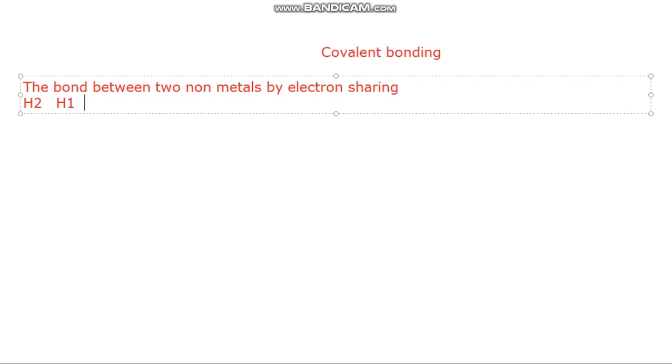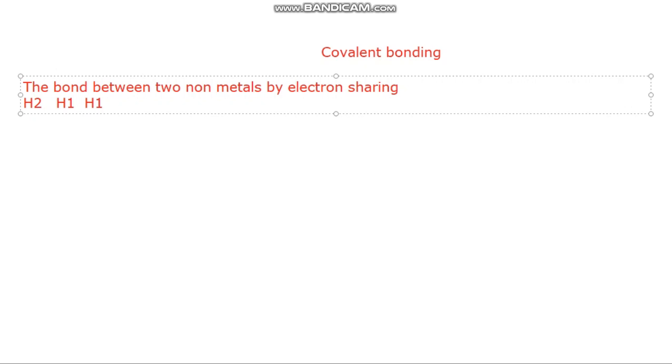The simplest molecule that contains a covalent bond is the hydrogen molecule, H2. Hydrogen is a non-metal. We have two hydrogen atoms, so we have two non-metals. Hydrogen contains one electron, and the second hydrogen also contains one electron.